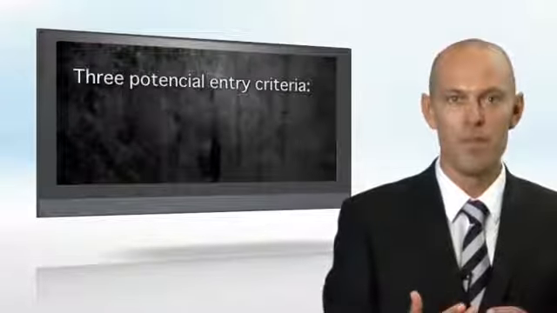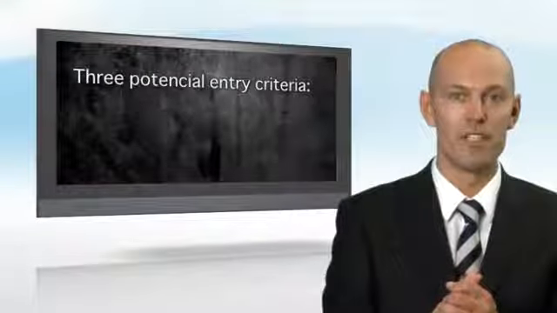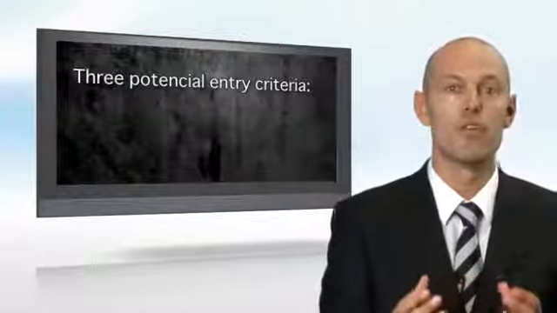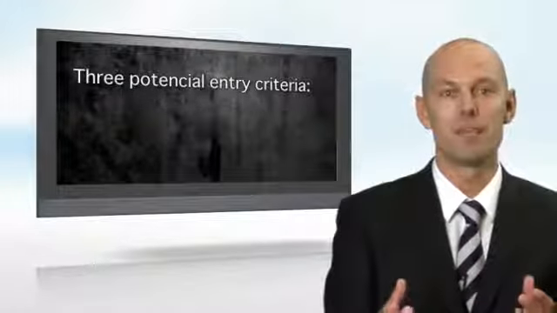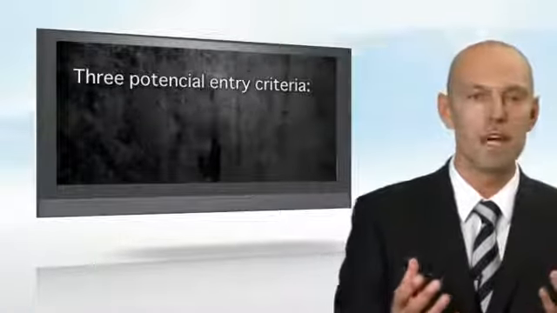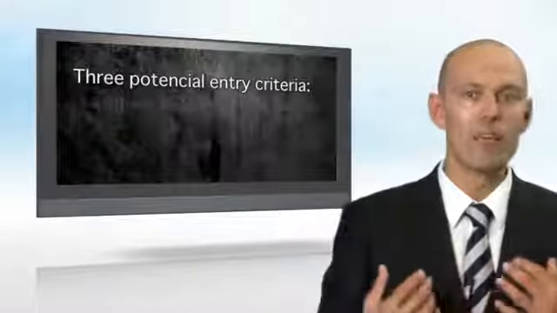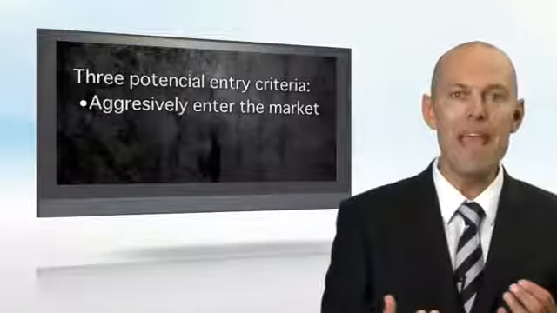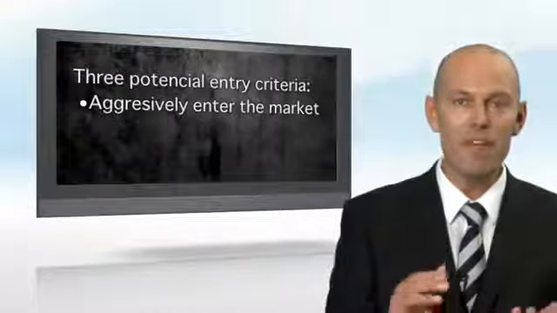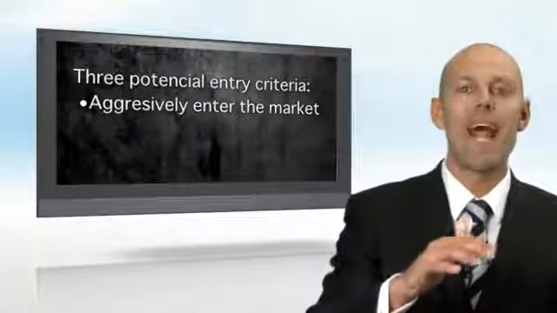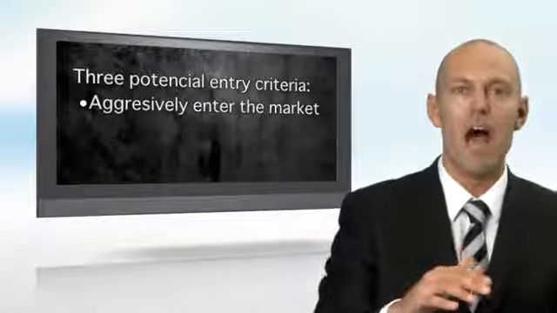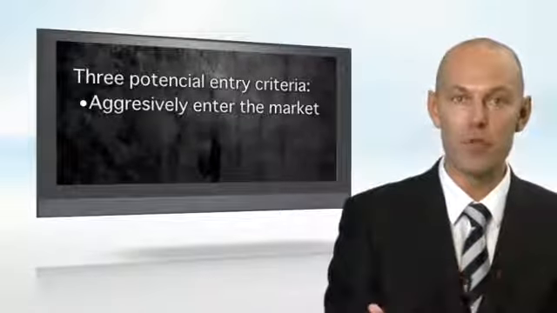As I see it, there are three potential entry criteria, which depends on how much certainty the trader wants in the setup. Sometimes I feel that I want to be aggressively in the market, and I may actually enter the market even though the engulfing pattern hasn't completed. I'm just anticipating it is going to complete.